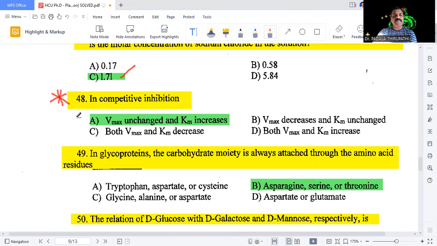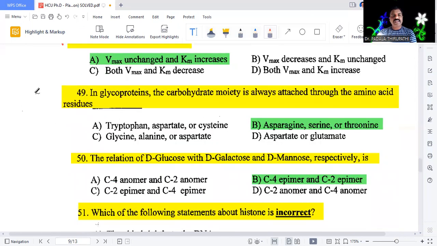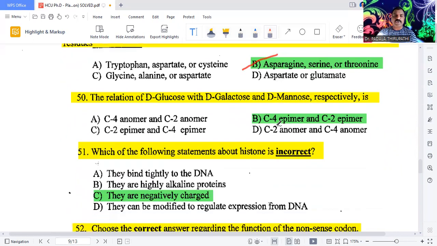In competitive inhibition, Vmax is unchanged and Km only increases. In glycoproteins, the carbohydrate moiety is always attached through the amino acid residues asparagine, serine, and threonine. The relation of D-glucose with D-galactose and D-mannose respectively is C4 epimer and C2 epimer.